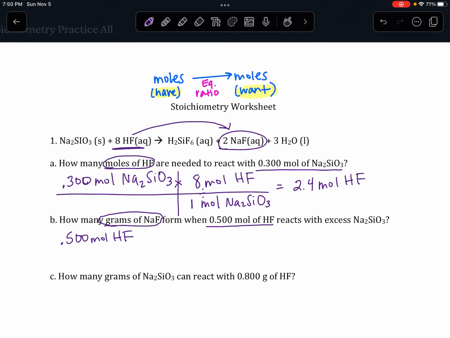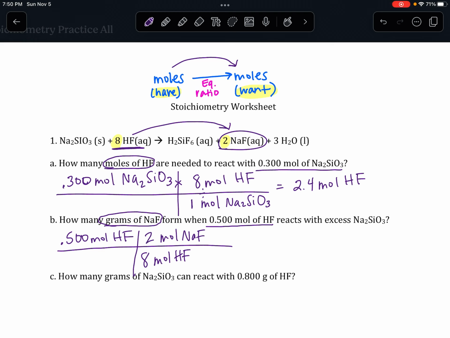Same thing: I'm starting with moles of what I have, so I'm going to use my equation to get to moles of what I want. I'm going to have moles of HF on the bottom, and it tells me that there are 8, and then moles of sodium fluoride on the top, and it tells me that there are 2.